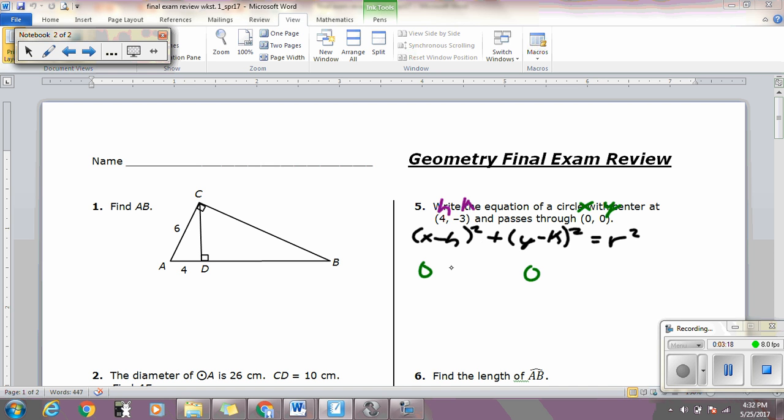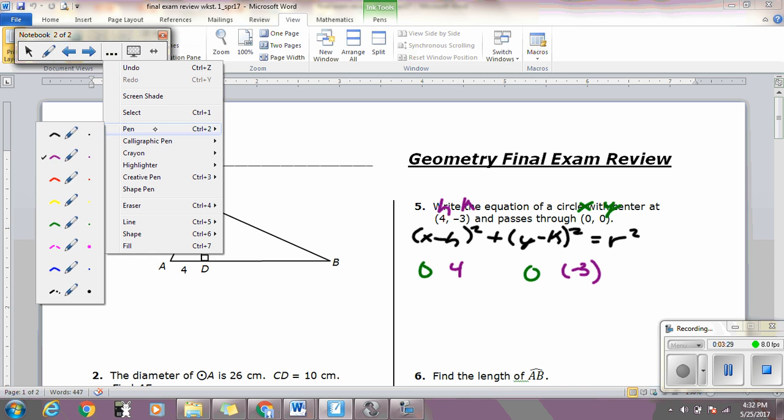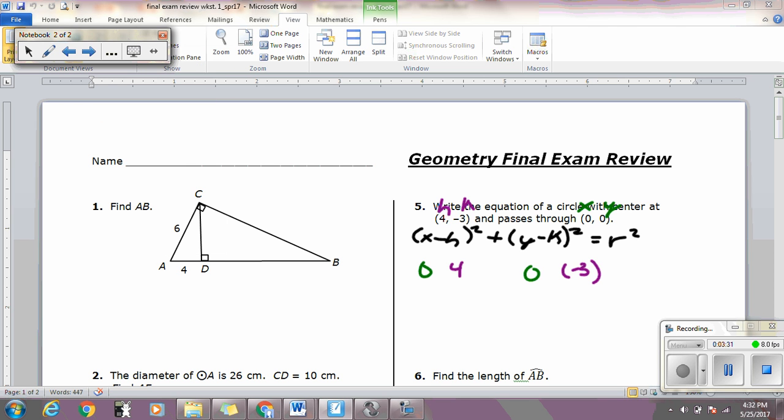H is -3. Sorry, h is 4. And k is -3. So the only variable that didn't get replaced is r. So we're going to use the numbers that we have substituted already to find r.